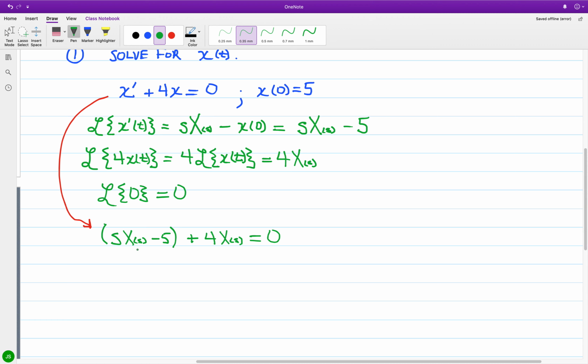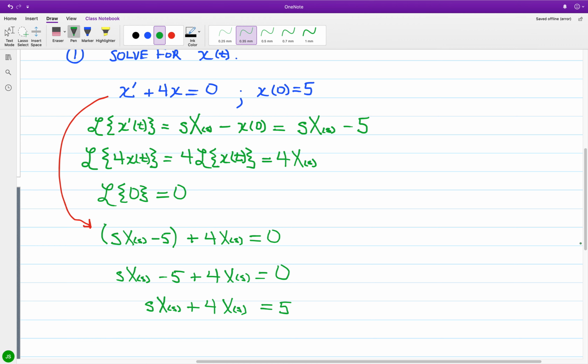Just putting together what we have here, I'm going to combine the Laplace transform x of s terms, and anything else I'm going to move over to the other side.